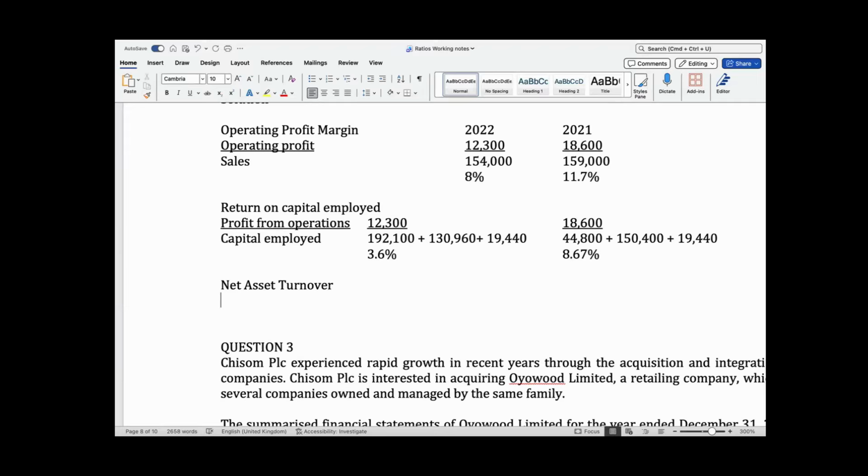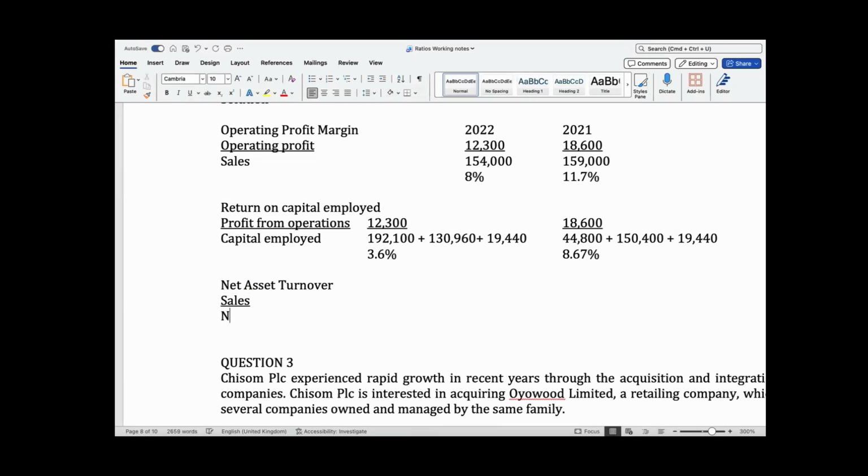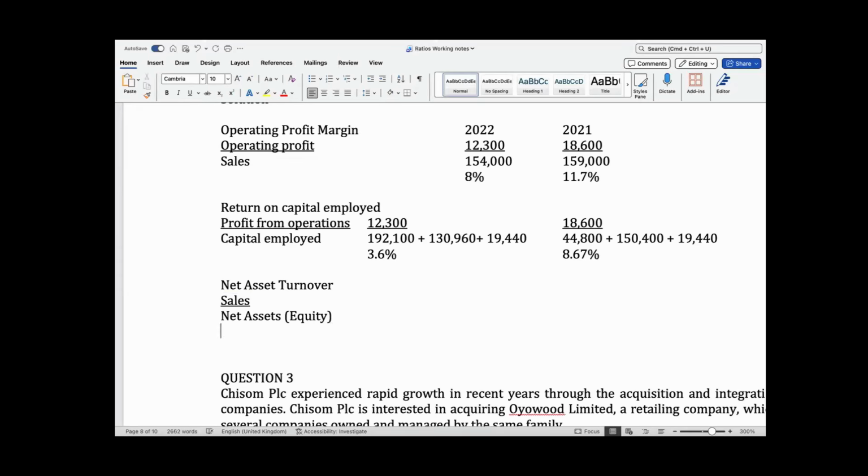Sales over net assets. Yeah, that's perfectly correct, Charity. Sales over net assets. And net asset is mostly the same thing as your equity.